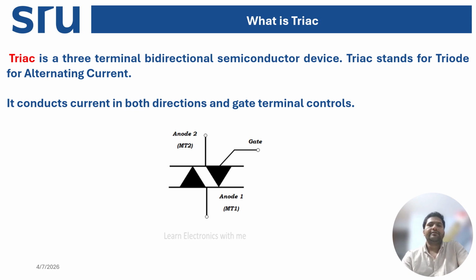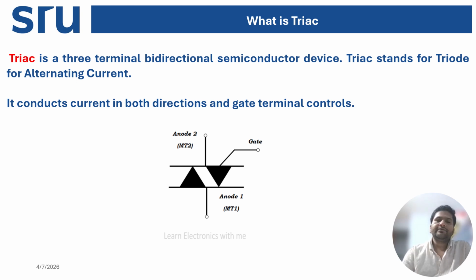When a gate pulse is applied, the device is turned on and current starts flowing. Since it is a bidirectional device, it conducts in the positive half cycle and also in the negative half cycle.